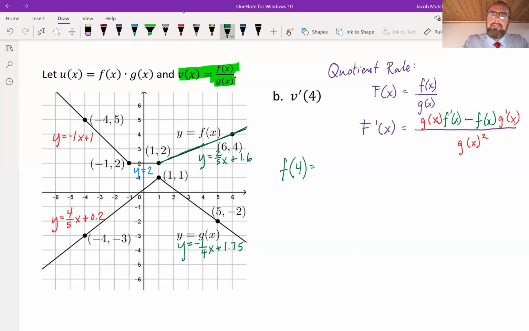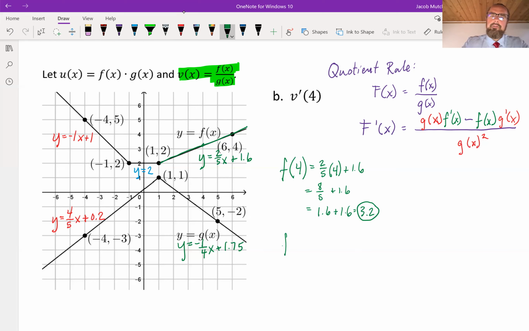So I got my formula, it's 2/5, putting in 4 for x, plus 1.6. So that's going to be 8/5 plus 1.6. And again, 8/5 is going to be 1.6 plus 1.6. That's the value of 3.2. So pretty close to what I estimated there.